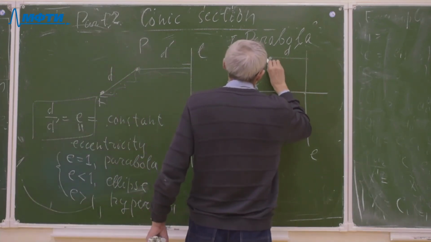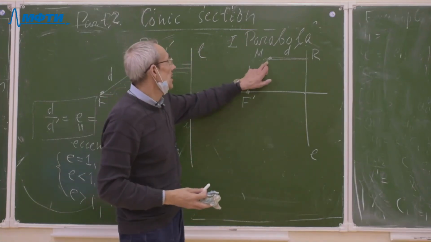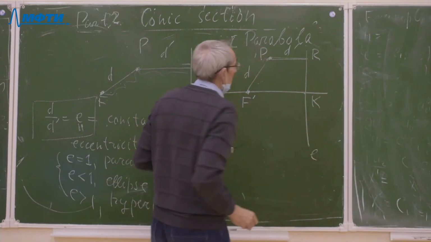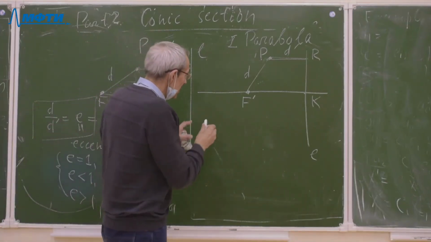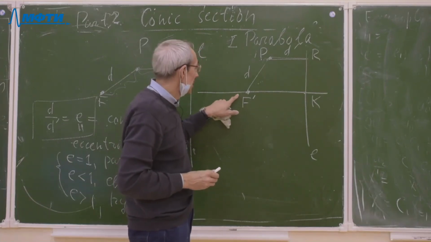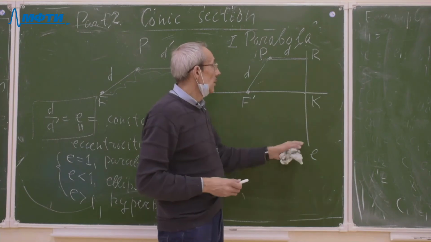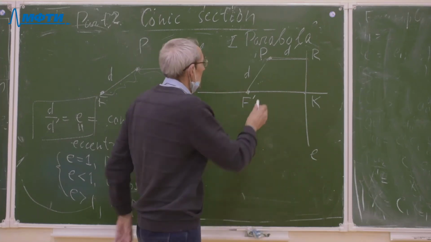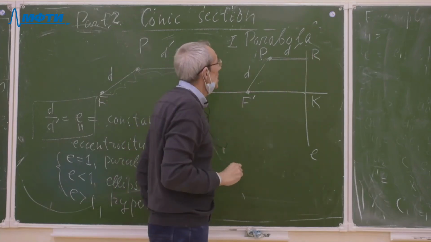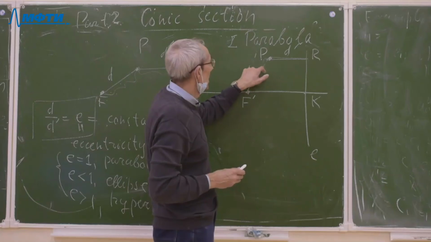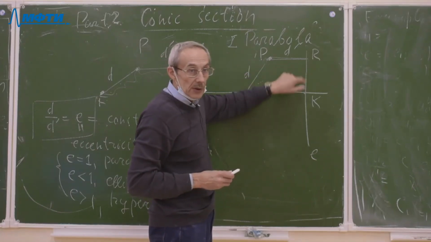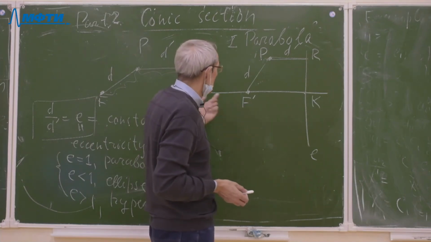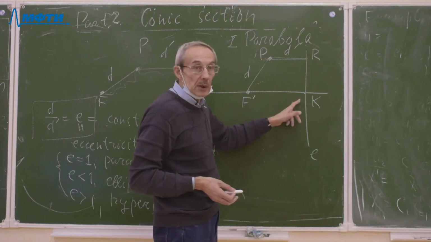Let R be the base of the perpendicular from P to the line, and consider the perpendicular which passes through F prime and intersects our fixed straight line L in the point K. And we have also a moving point P, and let R be the point of intersection of the perpendicular which passes through P with our straight line.